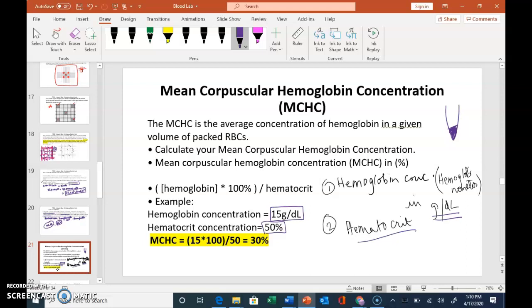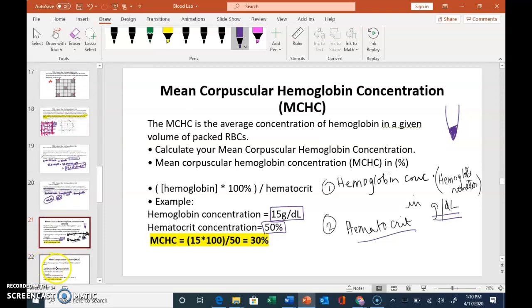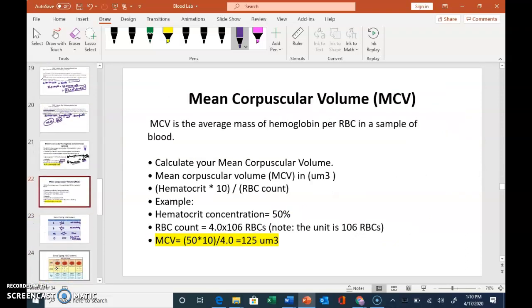Hopefully that makes sense. The last thing that we will talk about today is mean corpuscular volume. This is defined as the average mass of hemoglobin per RBC in a sample of blood. It's talking about mass of hemoglobin per RBC.